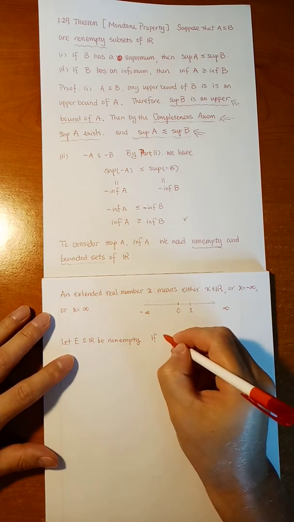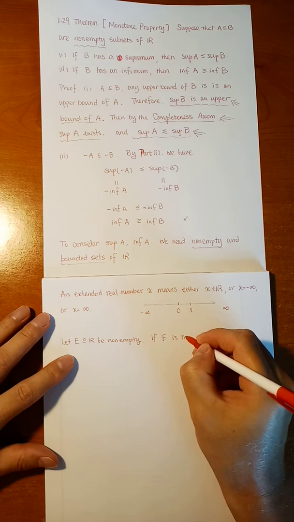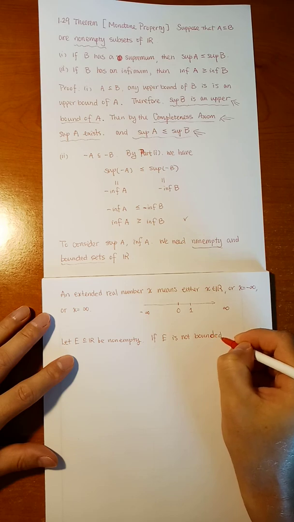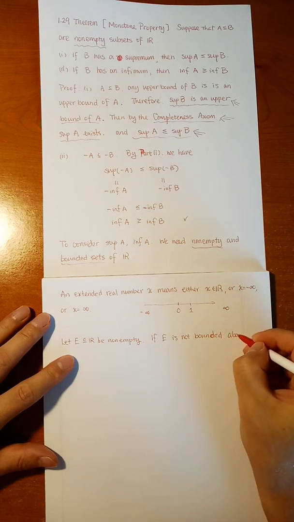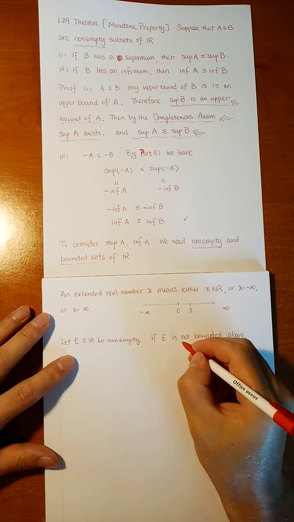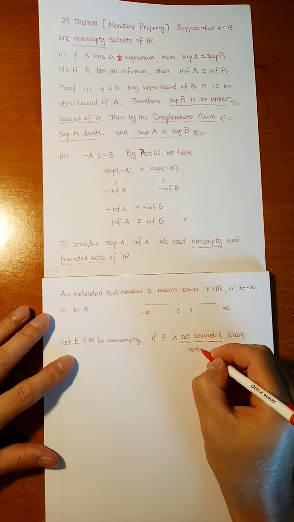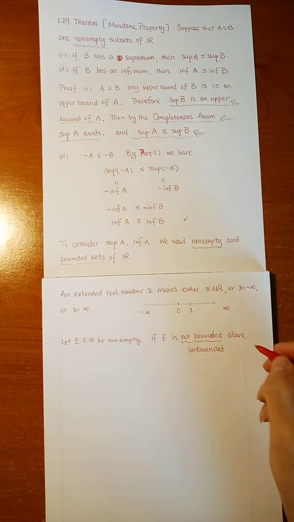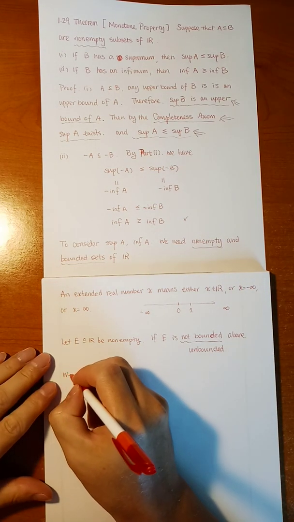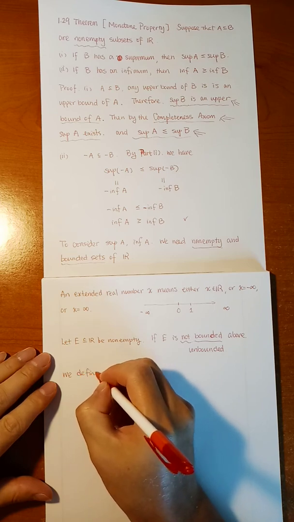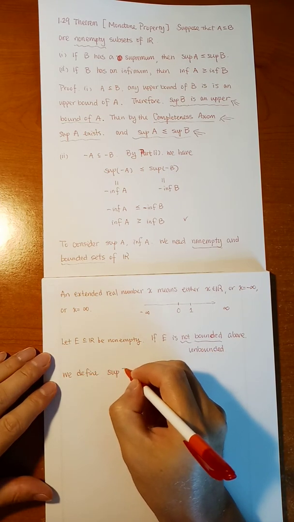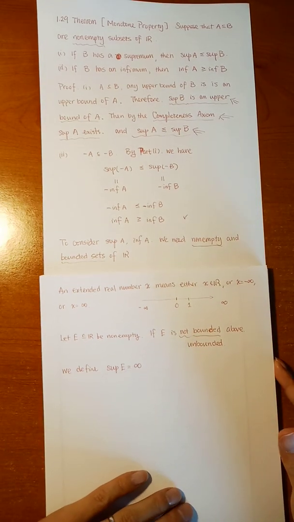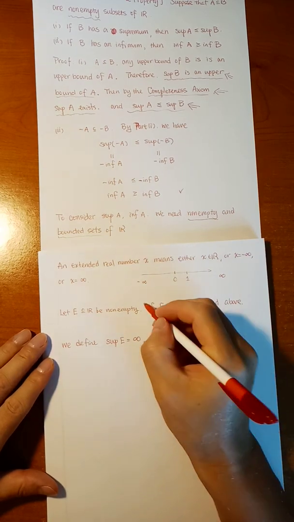If E is not bounded above, or you can just say unbounded above, we define the supremum of E to be positive infinity, as large as possible. So this is the first case.